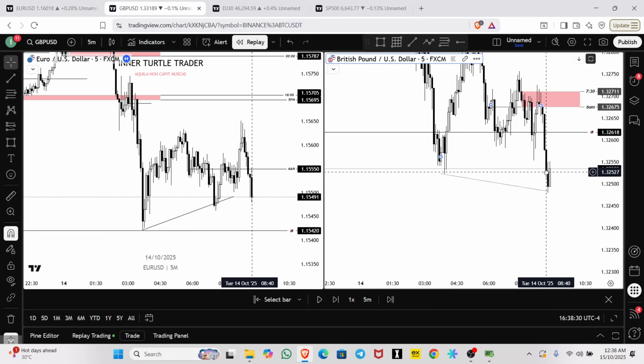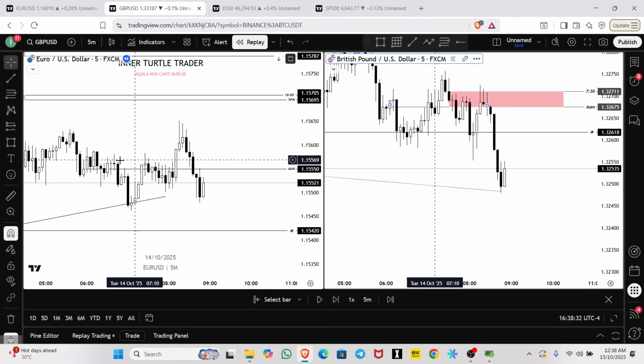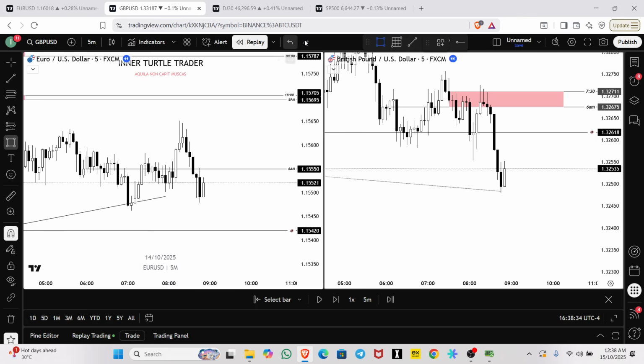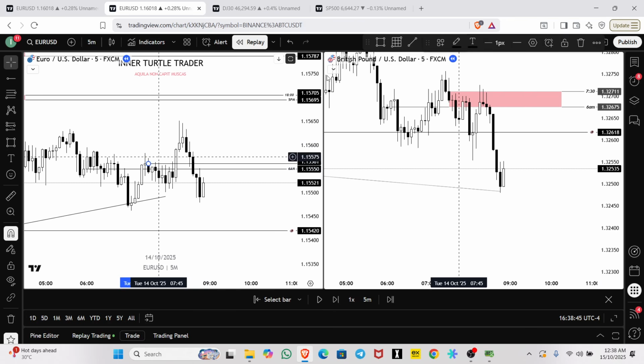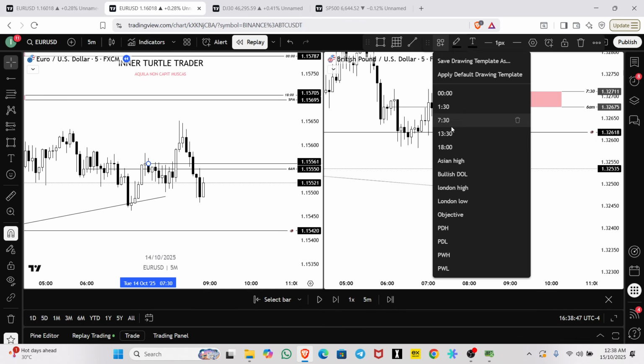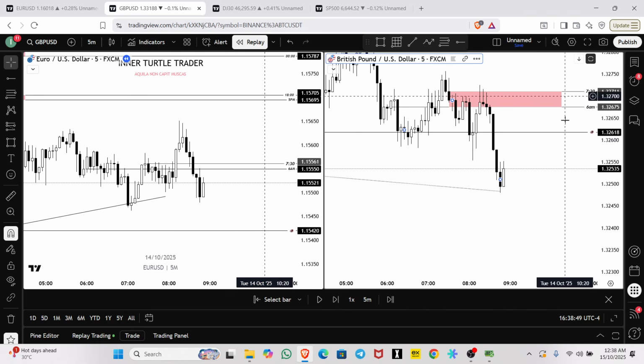Yeah, right there. So we have what? This is the true open, 7:30. Here also it's marked, right?